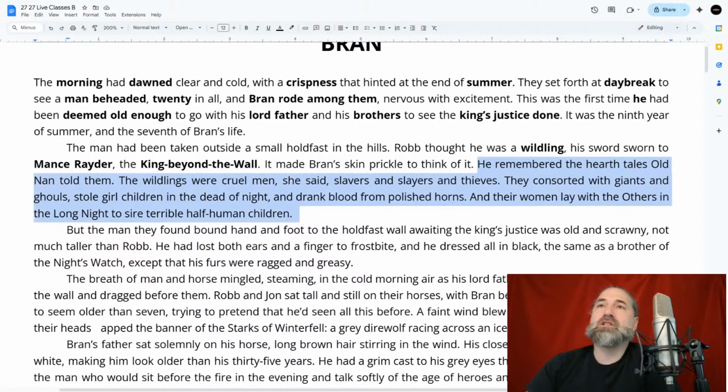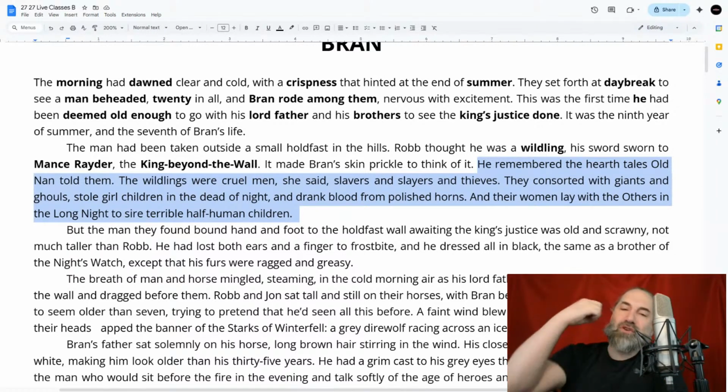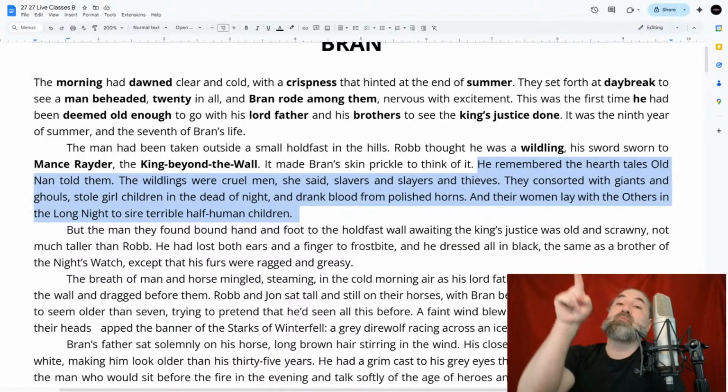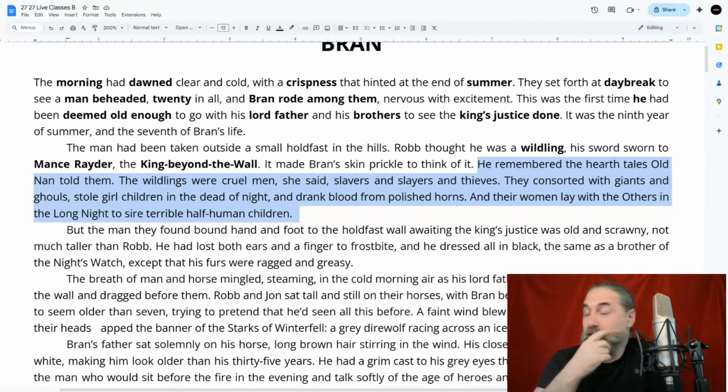So Bran's position is that the wildlings are monsters. They're evil. They're slayers, enslavers. They drink blood. Now, through his position, because it is his POV, we as the reader must assume that wildlings are bad.